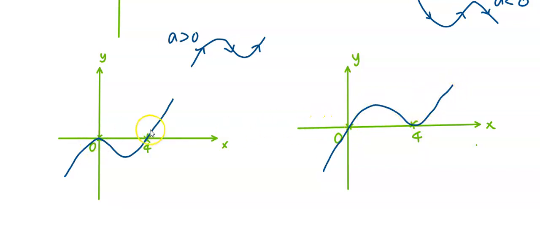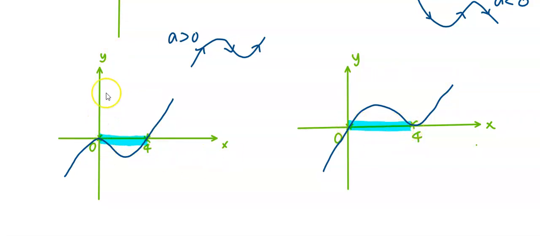These 2 cases, we can see that the difference is in between the 0 and 4. The first part and the third part are the same. The difference is only the center, from 0 to 4.